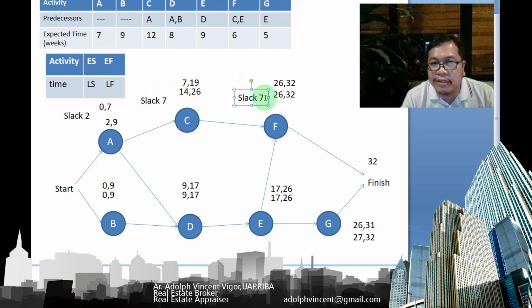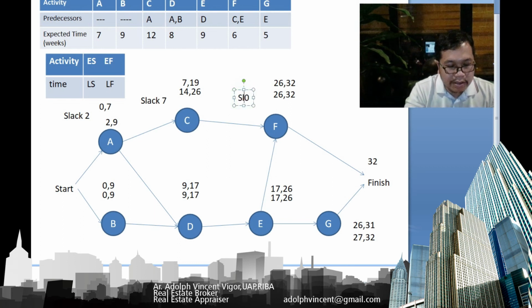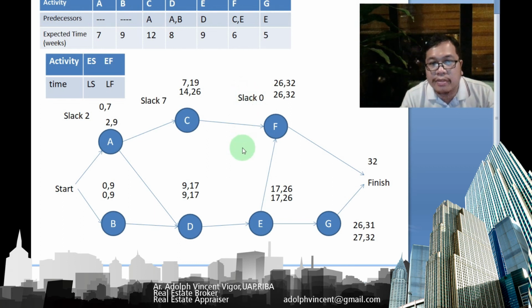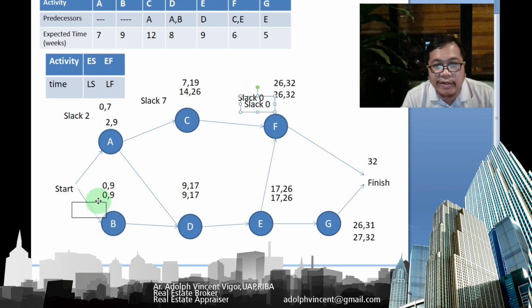For this one, it's obviously 0. So slack 0. It's also the same for this. Same for this.